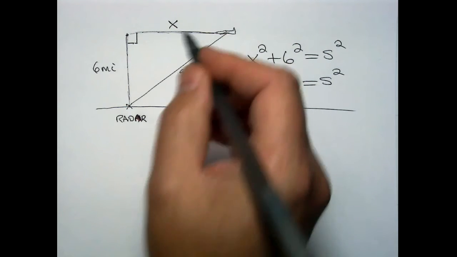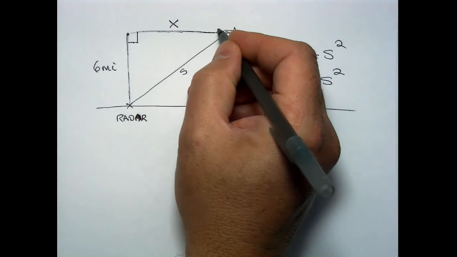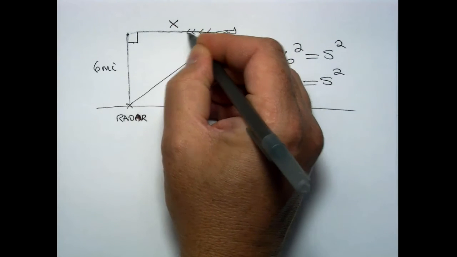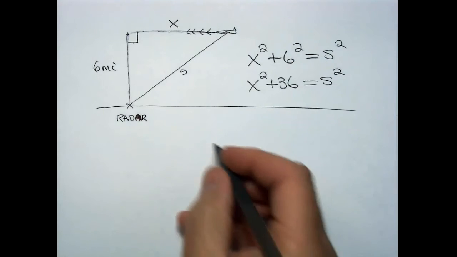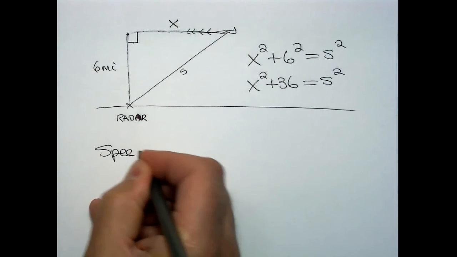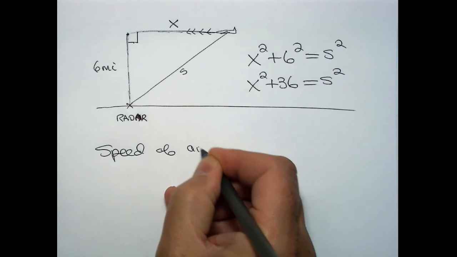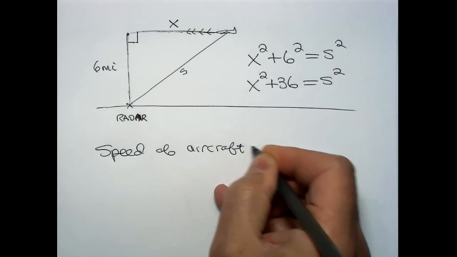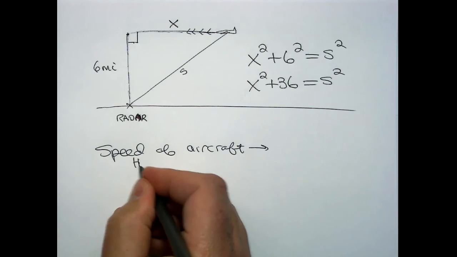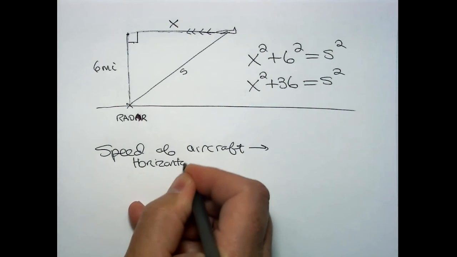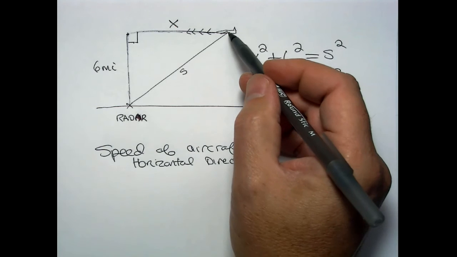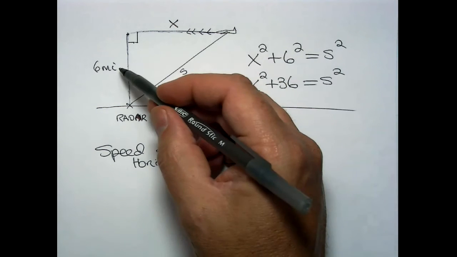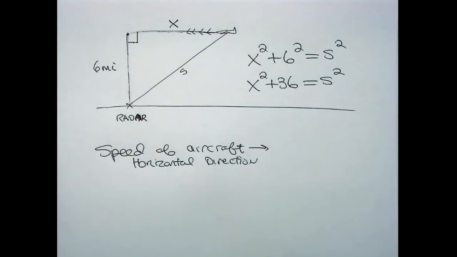Now, what I really want here is the speed of the aircraft moving in this direction. That's the true speed. It's the horizontal speed. The speed of the aircraft in the horizontal direction only, and actually it has no vertical speed because it's level at 6 miles up, which is about 30,000 feet.